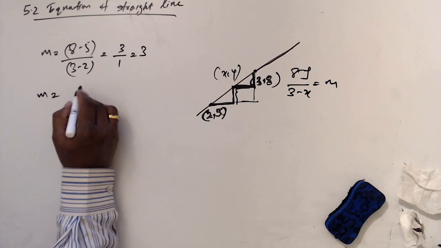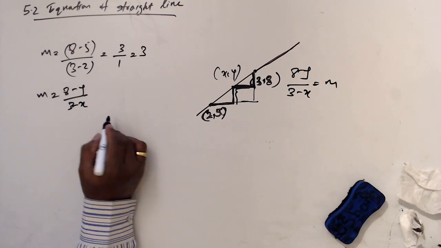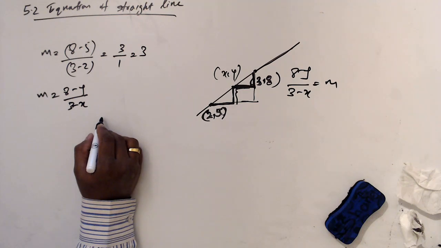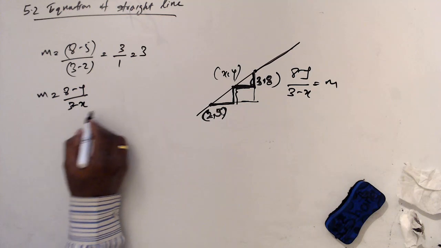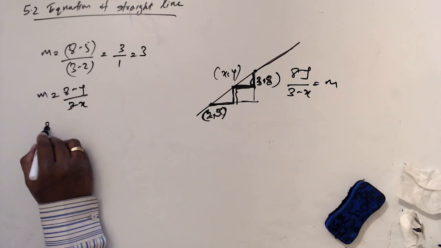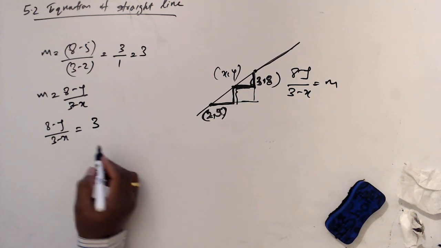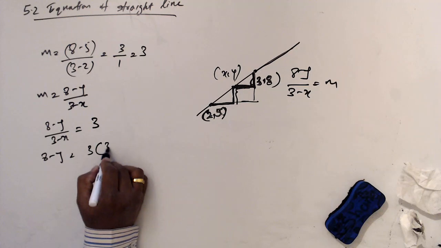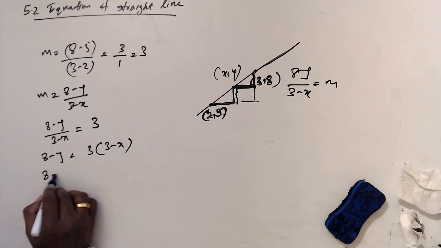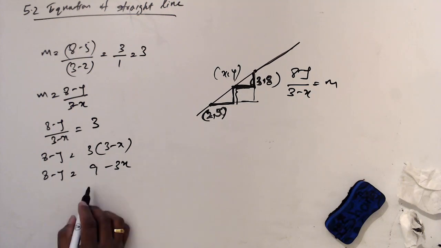So m equals (8 minus y) over (3 minus x). Now I can write (8 minus y) over (3 minus x) equals 3. Then 8 minus y equals 3 times (3 minus x). 8 minus y equals 9 minus 3x.